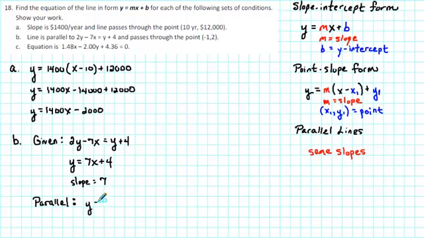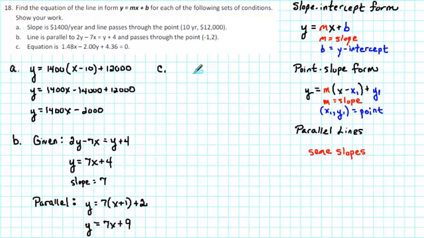We have y is equal to the slope 7 times x minus the x-coordinate of our point. x minus negative 1 is equivalent to x plus 1, and then plus the y-coordinate of the point, which is 2. When we simplify this, 7 times x is 7x, 7 times 1 is 7, and 7 plus 2 is 9. So the equation of the line is y is equal to 7x plus 9.